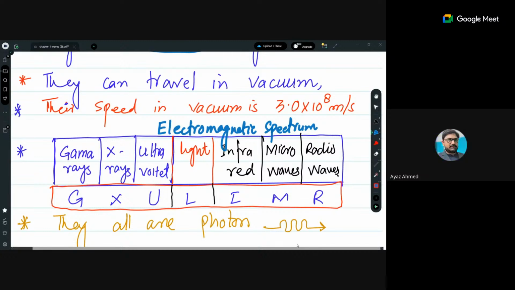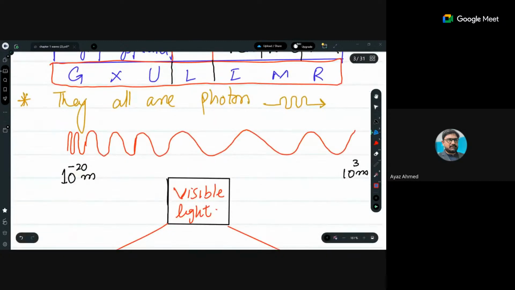We have to consider all this in such a way that, if you remember, there was a question of estimation: estimate the range of frequency for infrared, estimate the range of frequency or wavelength for red light, etc. That will help us figure out what the wavelength is and what the frequency range of all these waves is.